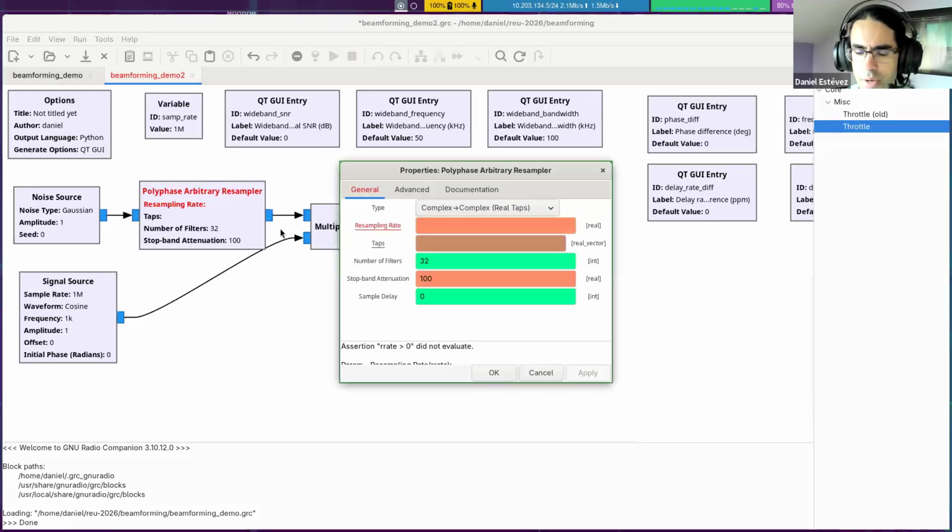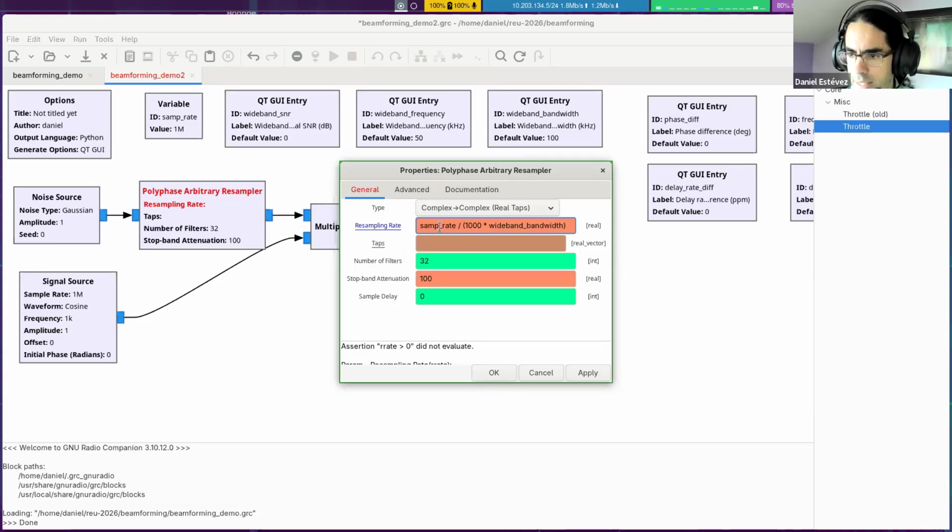And then the resampling rate is basically the formula we learned last week. That's our total sample rate divided by our wideband bandwidth. But because the sample rate is in samples per second and this one is in kilohertz, we need to multiply by 1,000, so 1,000 times the wideband bandwidth.